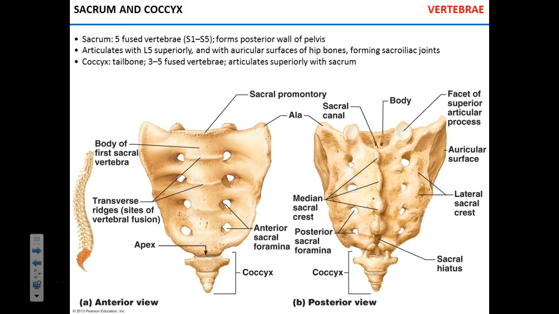Sacrum and coccyx. 5 fused vertebrae. You can see the lines of fusion between them.